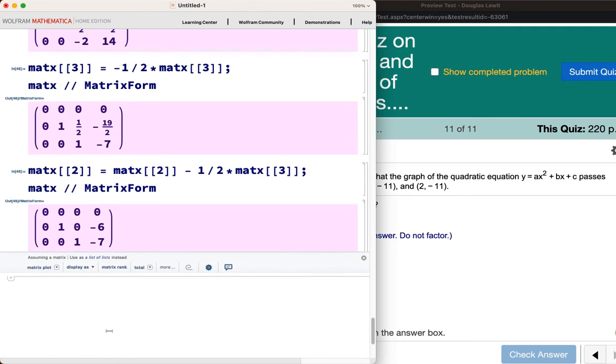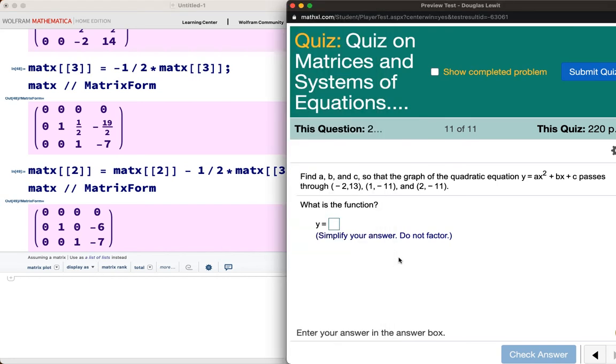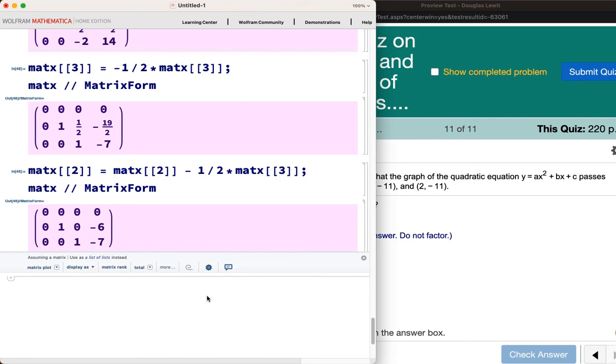So actually, now look at the top row, okay? The top row, you're going to have infinitely many answers, actually.